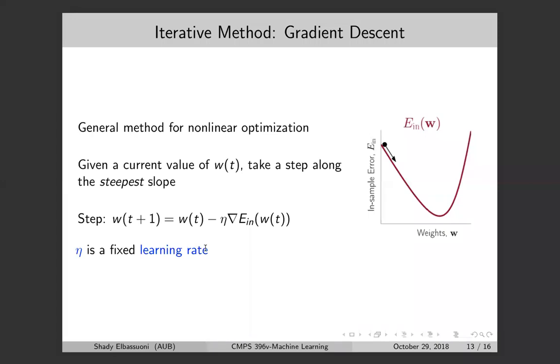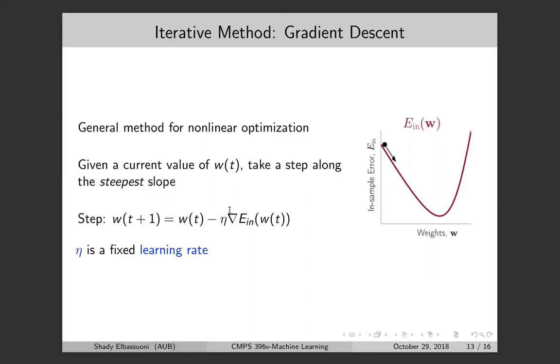Sir? Yes. How do we know that we are on the right track? If W(t+1) was greater than W(t), that means that we're not, right? Yes. But if I take the derivative of the loss function and do minus the derivative of the loss function at the current values of the weight, that would take me in the right direction.